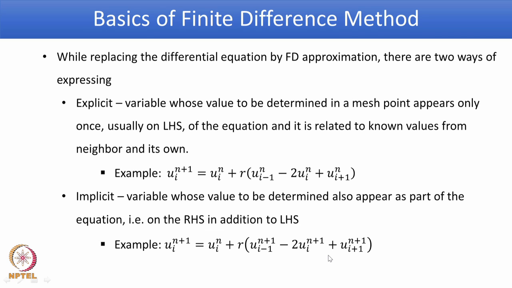So, you are not able to bring out a very clear expression for the variable to be determined. It also becomes part of the right hand side, hence some rearrangement needs to be done. This is what is known as an implicit formulation.